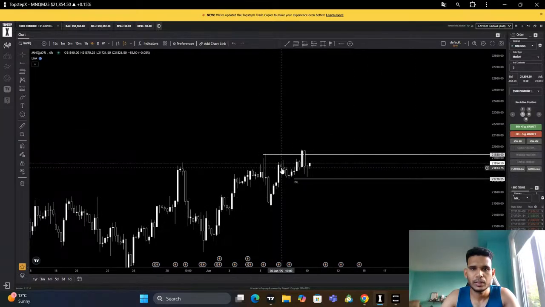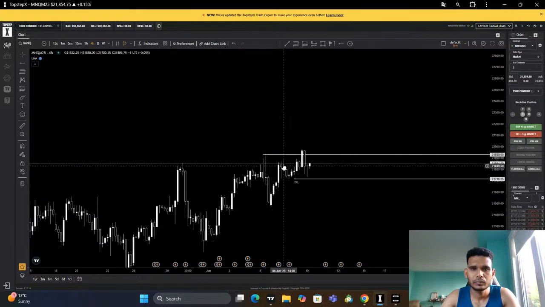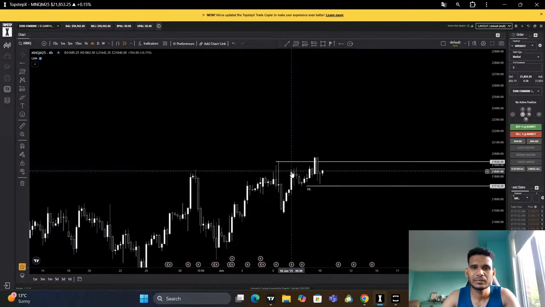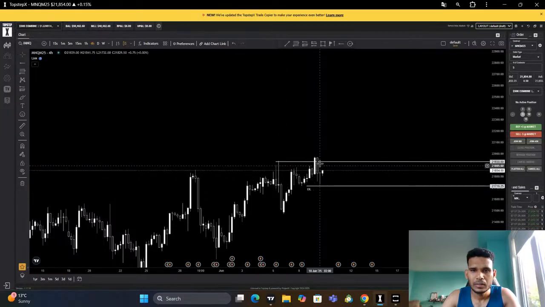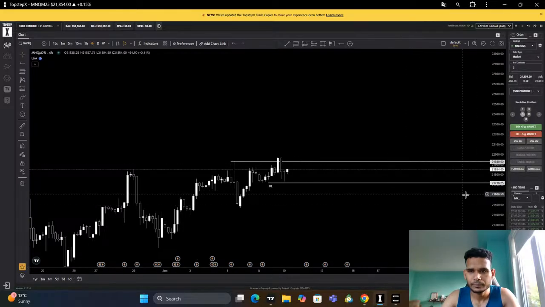It holds a good push to the upside, then forms a bearish fair value gap, giving a very weak pullback. You can clearly see the pullback is very weak. It goes all the way up, takes this high, then starts to sell off again.